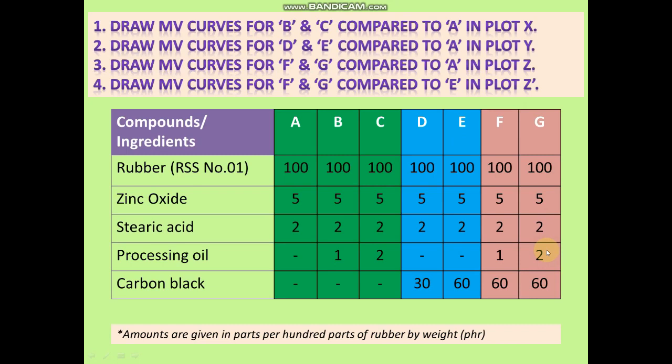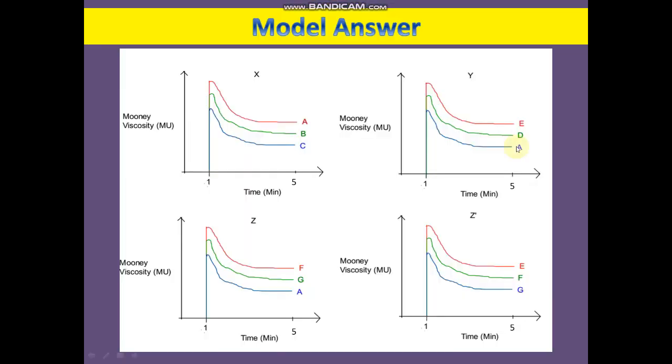We'll see the curve first. The plot Z dash shows the answer for this question. So we know the E compound doesn't contain processing oil, but F and G contain processing oil.